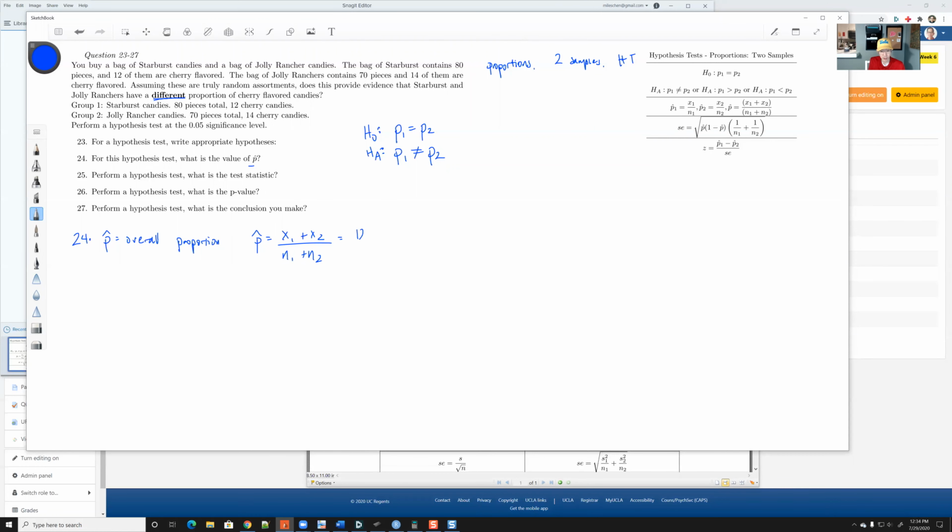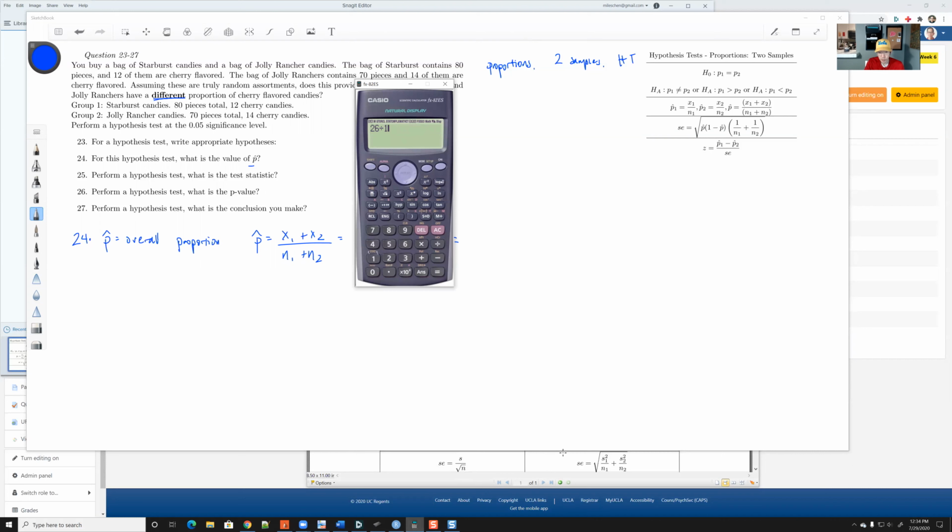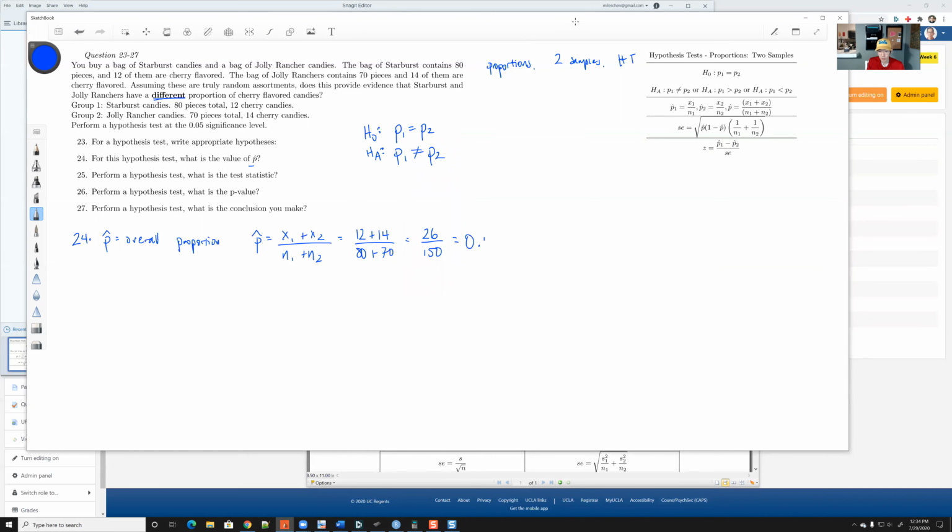So we're going to have 12 plus 14 on top, and on the bottom, 80 plus 70. So we've got 26 divided by 150, which is 0.1733. That's our overall proportion p hat, 0.1733.